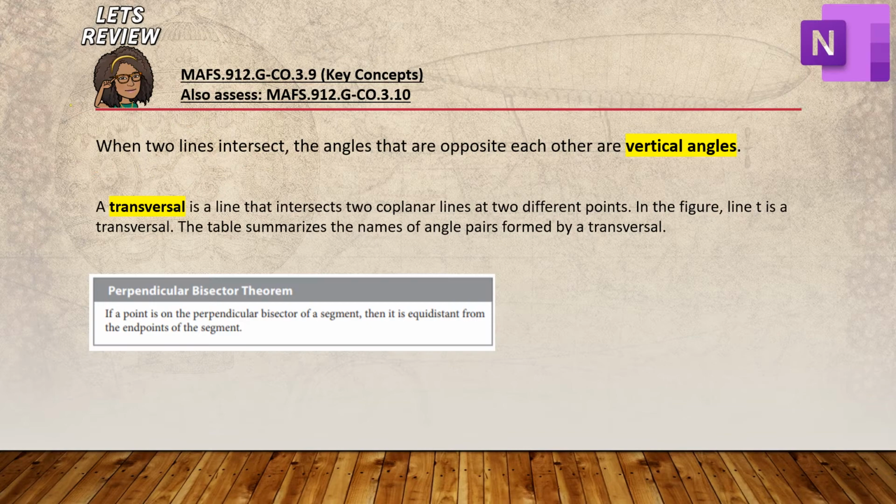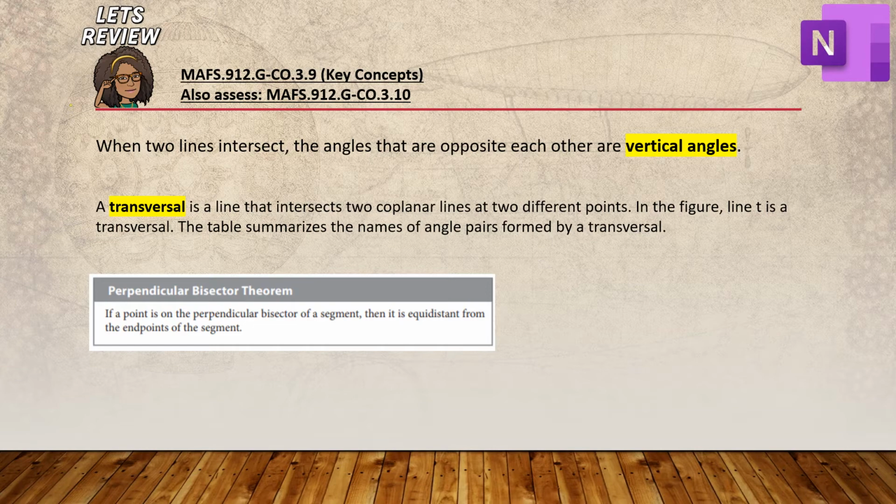All right, so let's look at our next set of standards, which is G.CO.9, which is also assessed with G.CO.10. And these 2 standards primarily look at some theorems and some properties of angles and triangles. So G.CO.9 primarily looks at vertical angles and angles that are created by parallel lines and transversals.